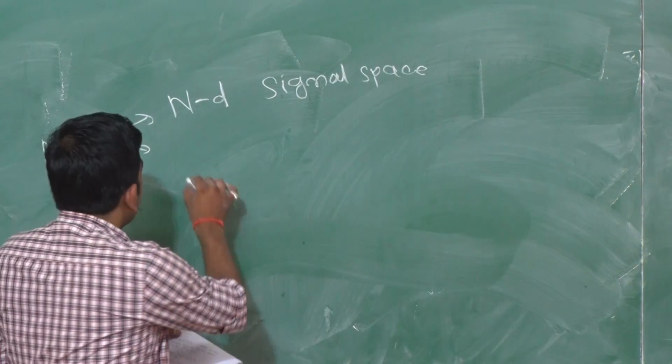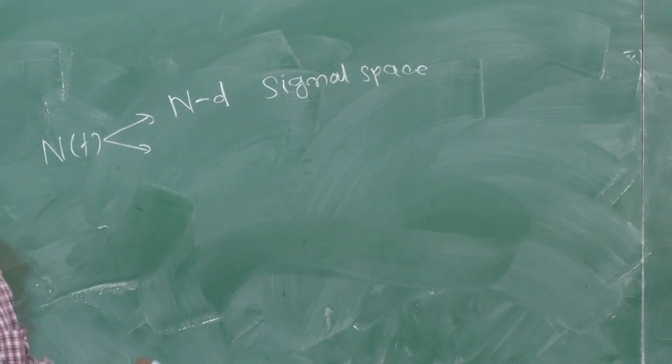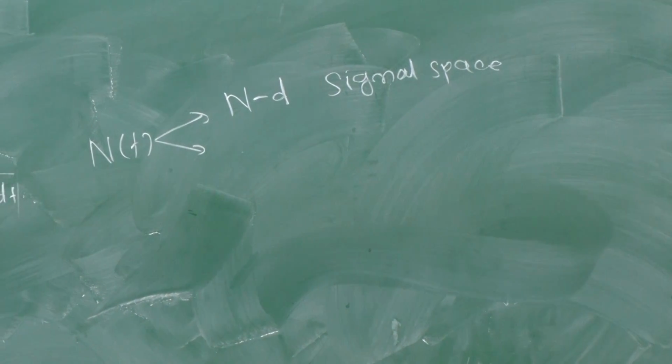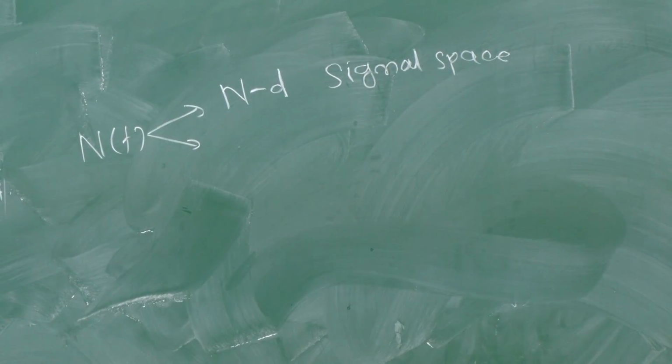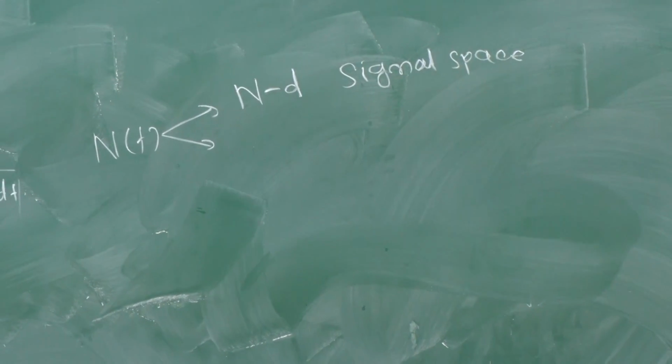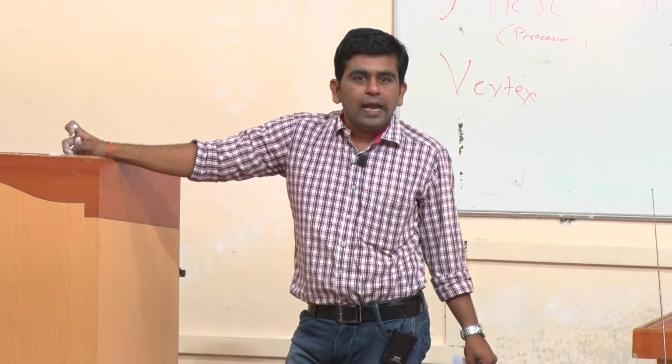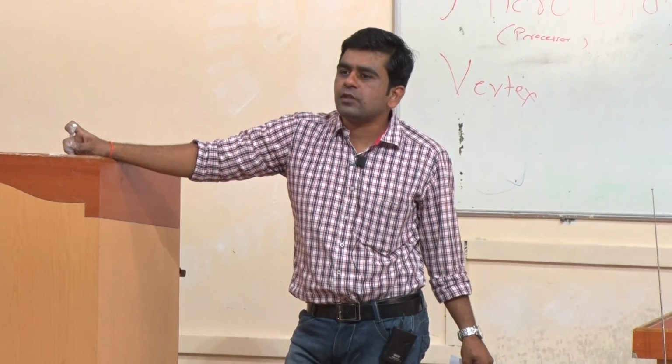And second part is the remaining component. Write down, second part is nothing but the remaining component which will be orthogonal or perpendicular to n dimension signal space.